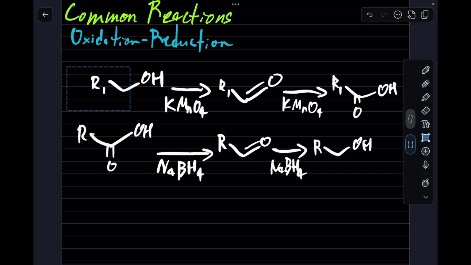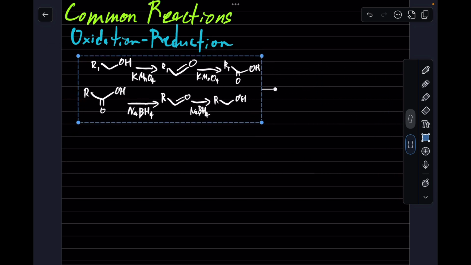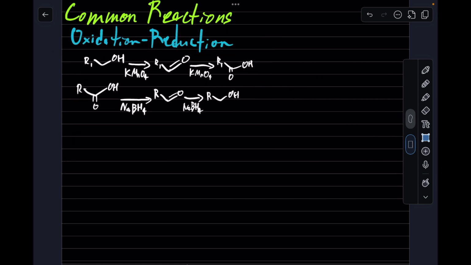And a common trend with oxidizing and reducing agents is that oxidizing agents tend to have a bunch of oxygen atoms, whereas reducing agents tend to have a bunch of hydrogens in their formula.